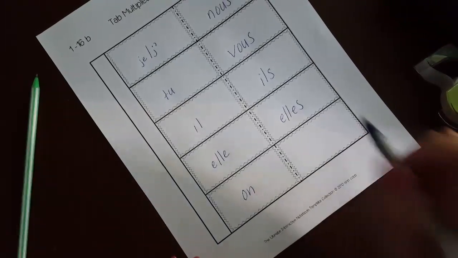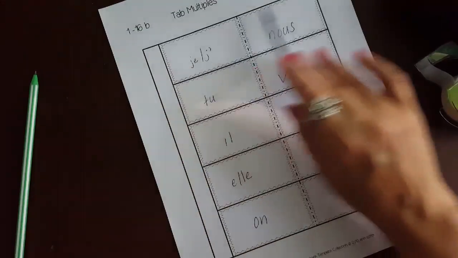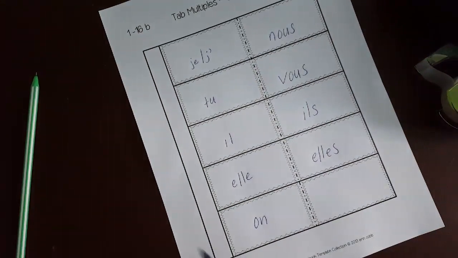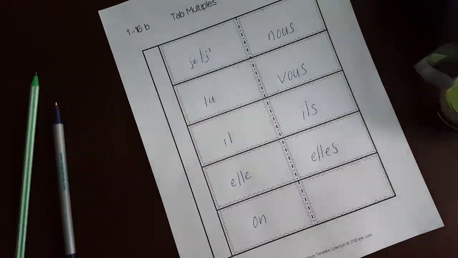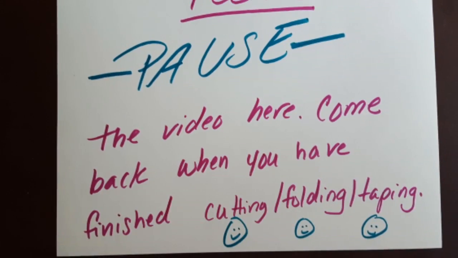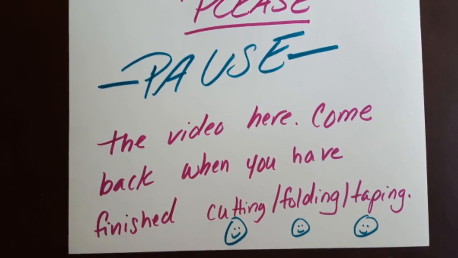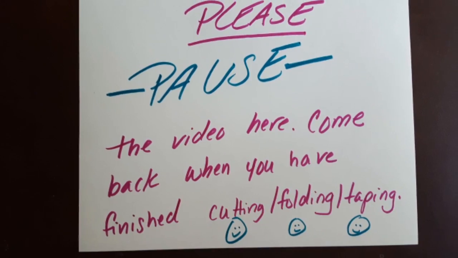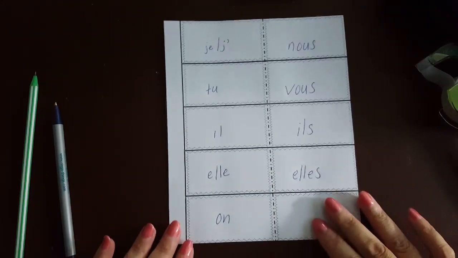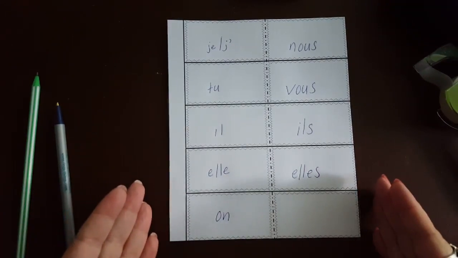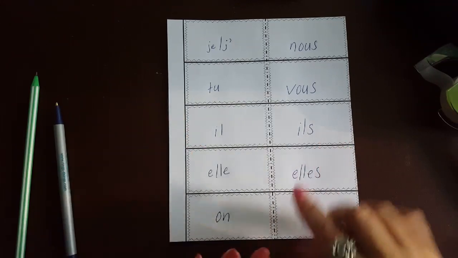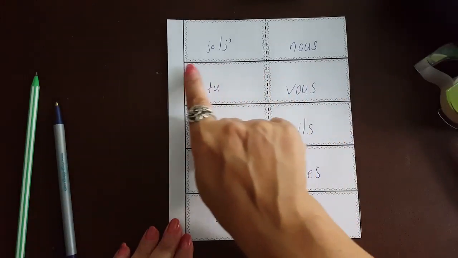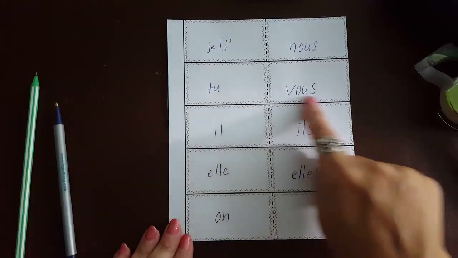Now what I would like you to do is to cut out this entire chart. Hey, look at that! Thanks to some movie magic, we now have the chart cut out. Now what I would like you to do is to also cut along these solid lines.